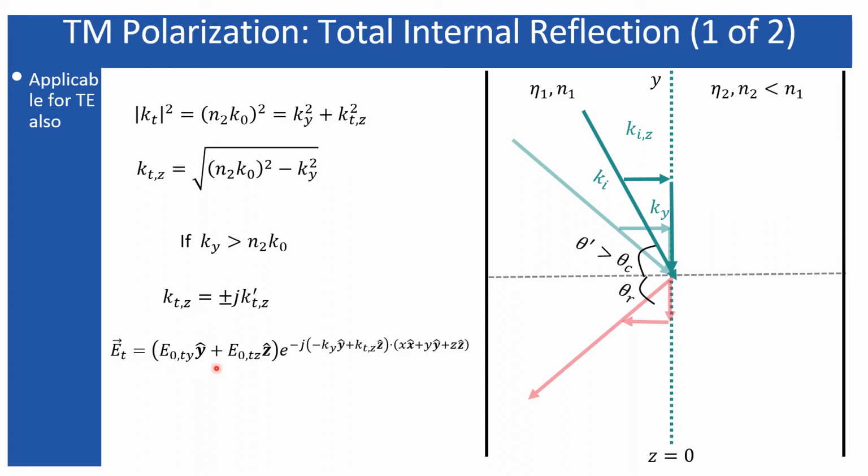Now I'm going to use the similar expression for the transmitted wave electric field that I have used for the case when ky equals 0 in my last slide. In this expression, I just need to replace this ktz by this newly obtained value.